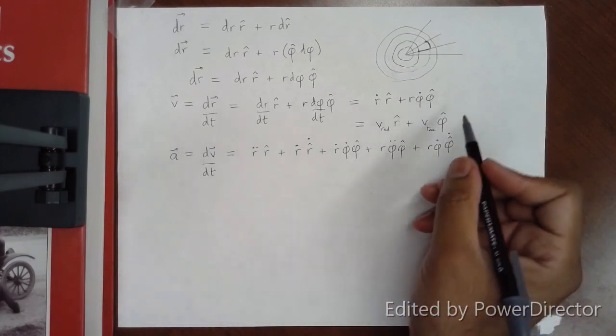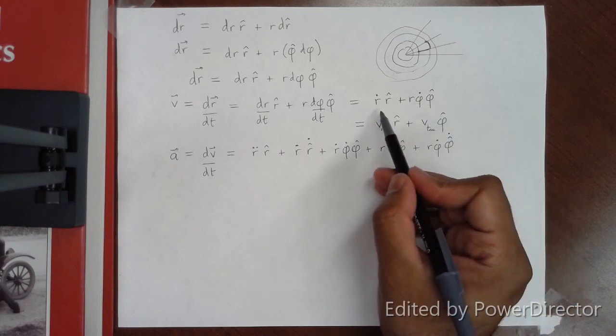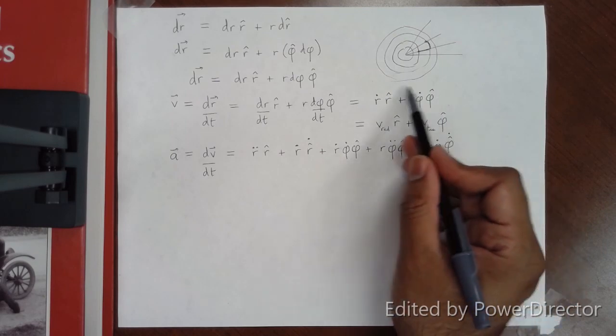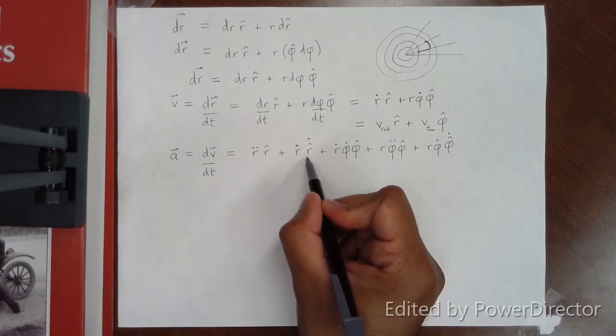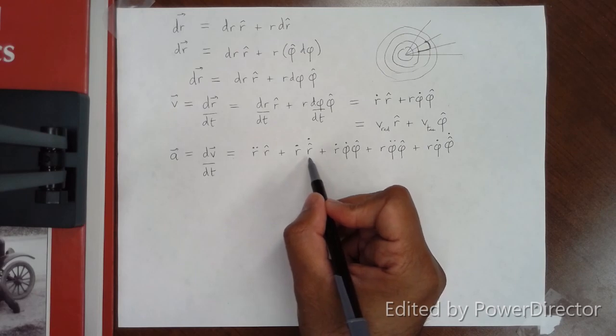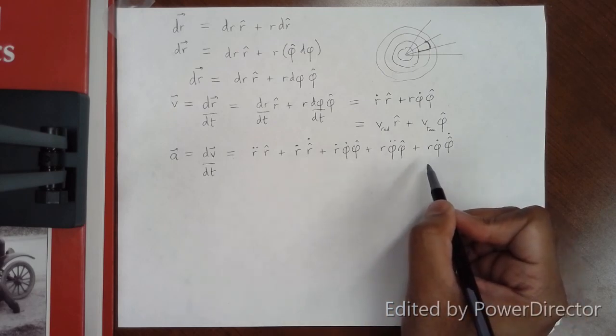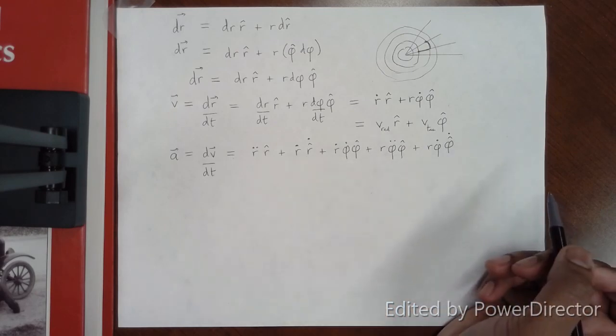All I've done is apply the product rule to this expression over here. We know what to do with r hat dot, but we see that we also have a phi hat dot over here.